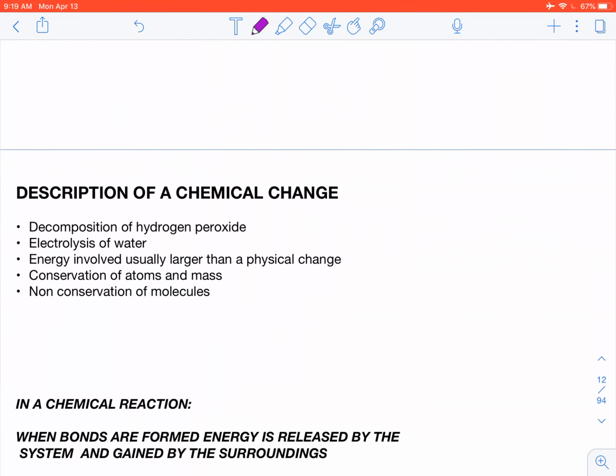Let's look at a description of a chemical change. We're going to look at hydrogen peroxide, and then we're going to look at the electrolysis of water. So decomposition there, and the energy involved. We also have conservation of atoms and mass in a chemical change and non-conservation of molecules.